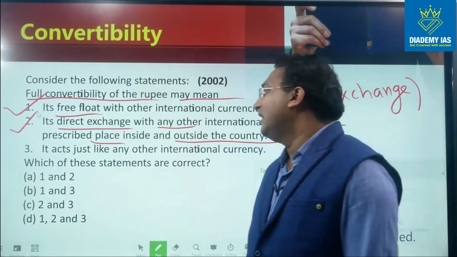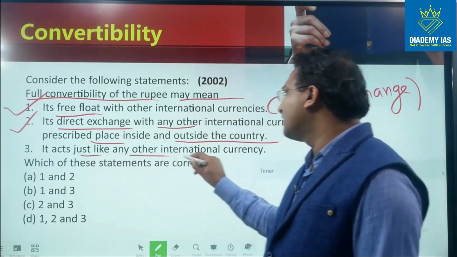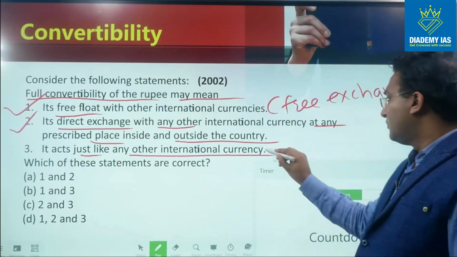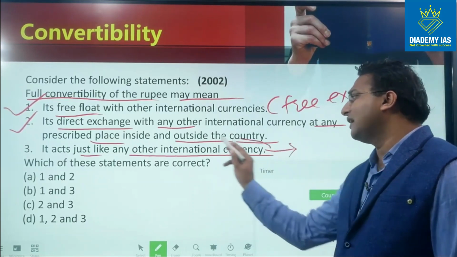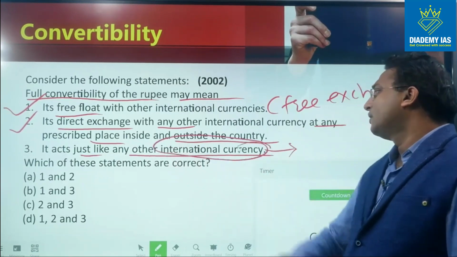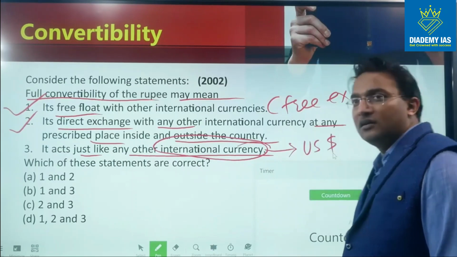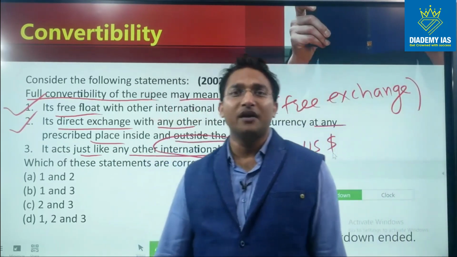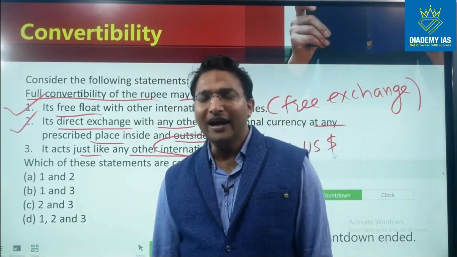Statement 3, it acts just like any other international currency. This is not true, because full convertibility does not mean that it becomes an international currency. International currencies like the US dollar, which are easily accepted and in which most of the trade is done, are also called hard currencies.